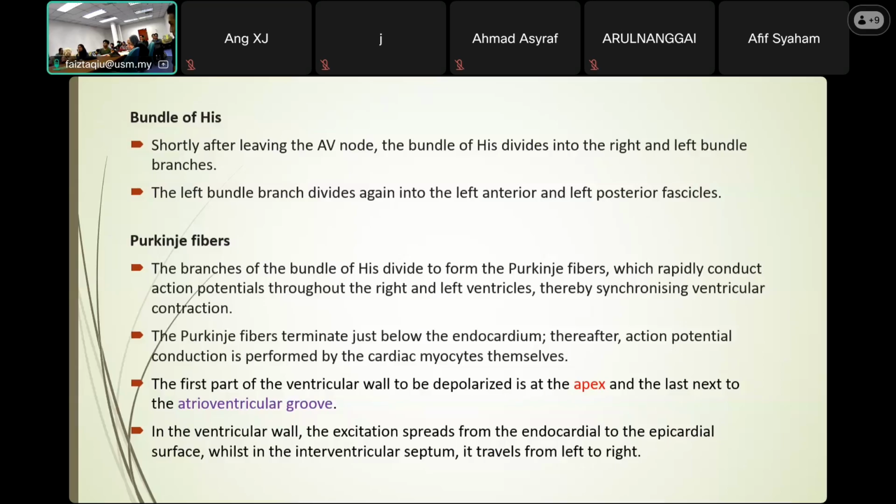Some books explain that this is because of the conduction velocity going down to the apex. Depolarization starts from the apex first, so that there is a good ejection of the volume. That's a good cardiac output for the answer.